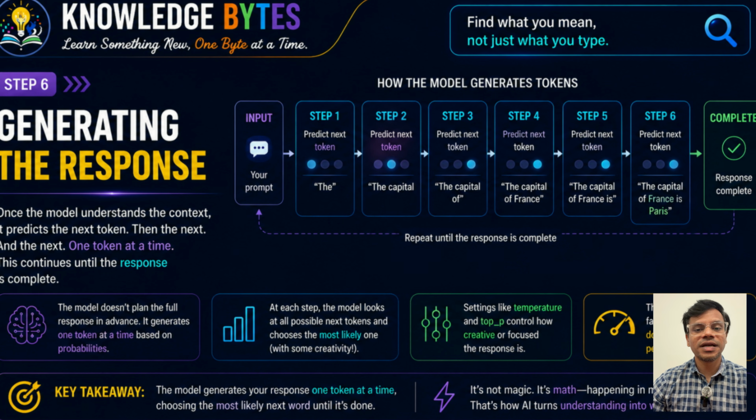In the same way, it predicts the token after that. This process repeats incredibly fast until the entire response is complete. So every answer you receive is built one token at a time. Thousands of calculations happen in just a few seconds.